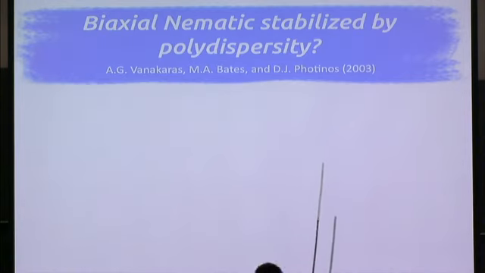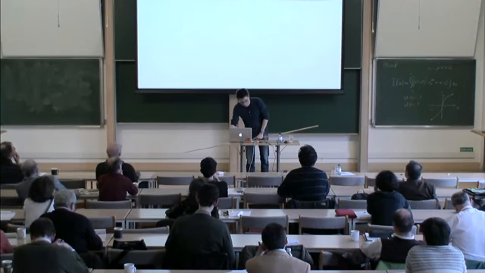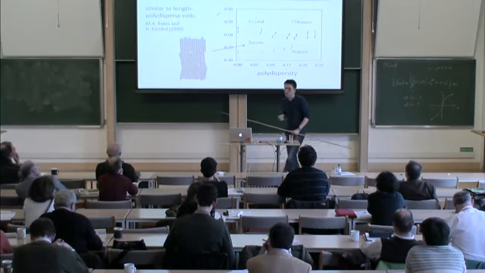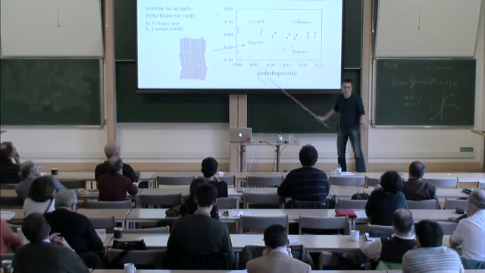So one could suggest that polydispersity could be the element stabilizing biaxial nematic phases. And by the way, this was suggested by the previous speaker 10 years ago precisely, that polydispersity could stabilize biaxial nematics. And how does it work? We can compare it with the phase diagram shown this morning by Professor Frenkel. If we consider rods, maybe a more familiar system, we know that in case all the rods have the same length, the system undergoes a nematic-smectic transition.